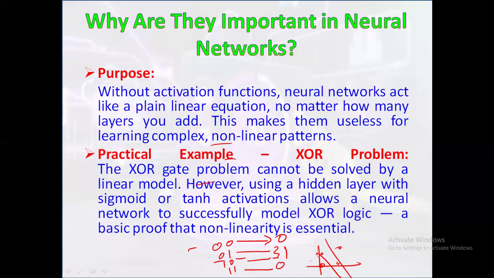However, by introducing a hidden layer and using sigmoid or tanh activation functions, the neural network gains the ability to create curved decision boundaries. The curved decision boundary may look like this. This allows it to learn the XOR logic successfully. This classic problem proved the necessity of nonlinear activations for neural networks to be useful.